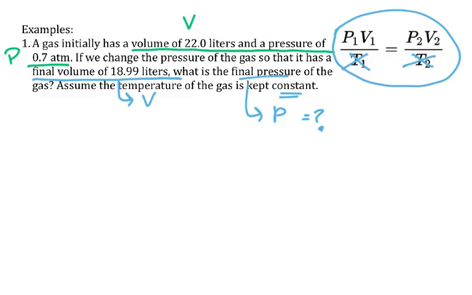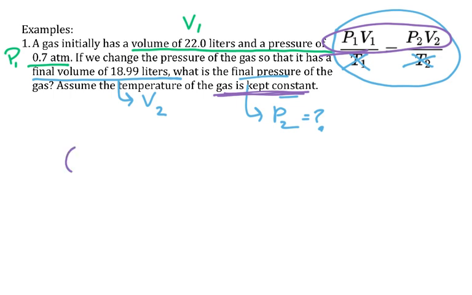And so with this one, volume of 22 liters, that's going to be my volume 1, and this will be my pressure 1. Our volume 2 then is 18.99, and that means we're looking for our pressure 2. So we can go ahead and plug that in, and we can just leave out the temperatures because temperature is kept constant, meaning we would just have the same value on both sides, so it would cancel.